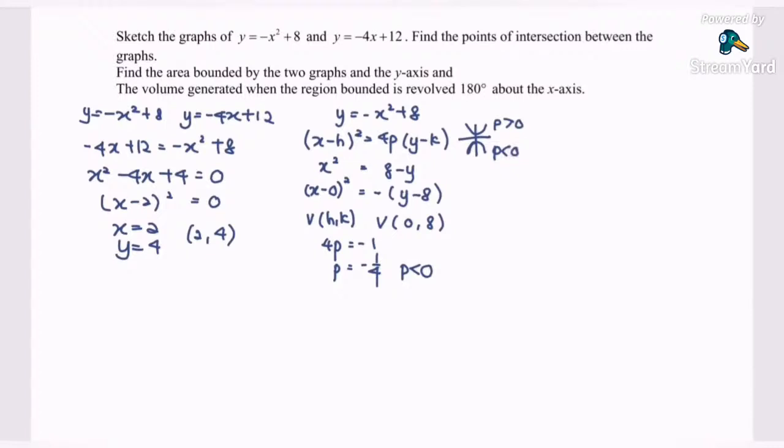So for this case, the graph opens downwards. The vertex will be 0, 8. So 2, 4, 6, and 8. So the graph will have vertex 0, 8.